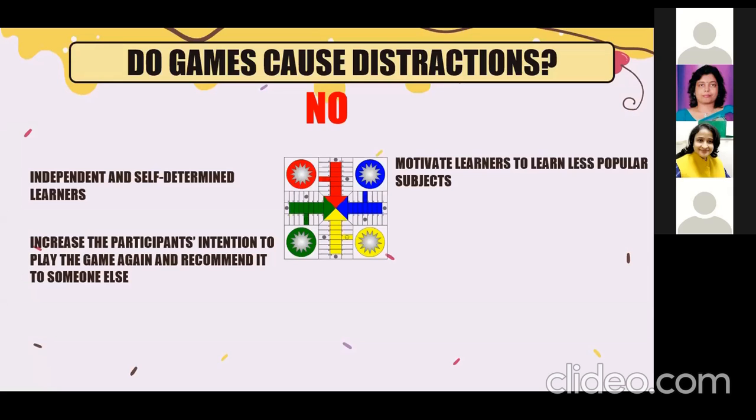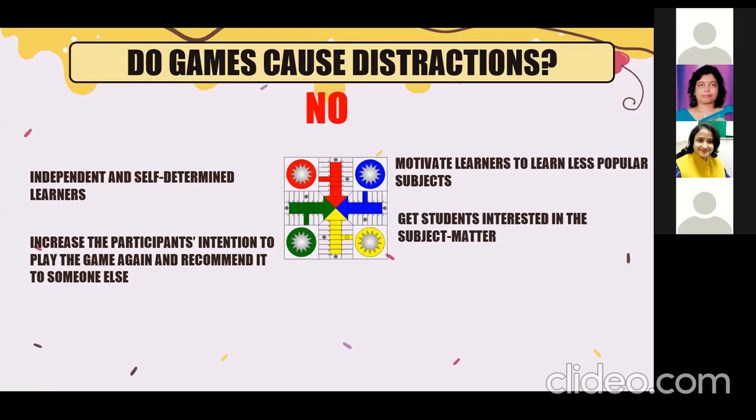Okay, the languages, he is not interested in these languages. He loves to learn English, but not these languages. So I'm sure if the teacher introduces these subjects in the form of games, automatically they will be motivated to learn, because these are the less popular subjects.